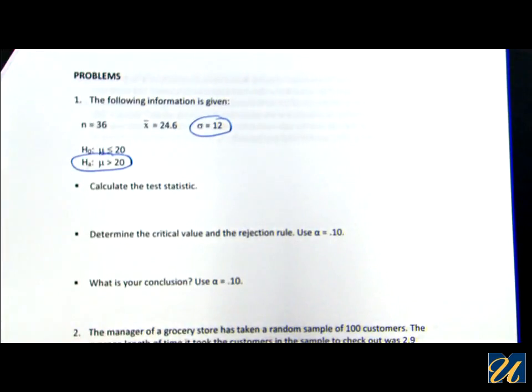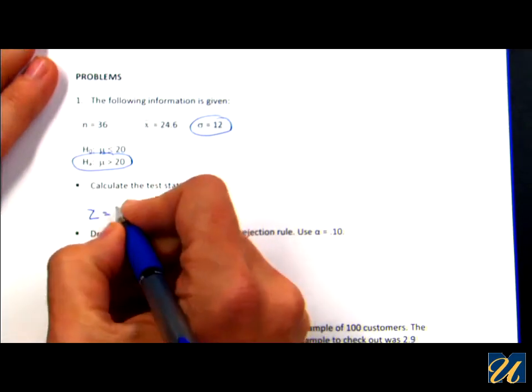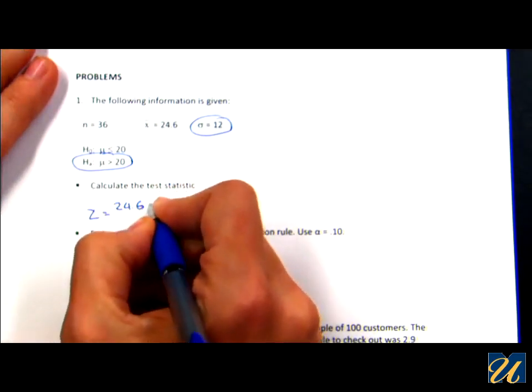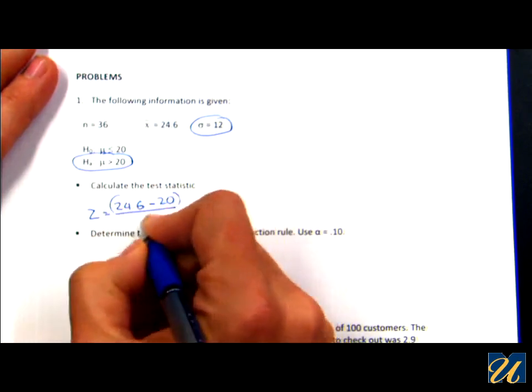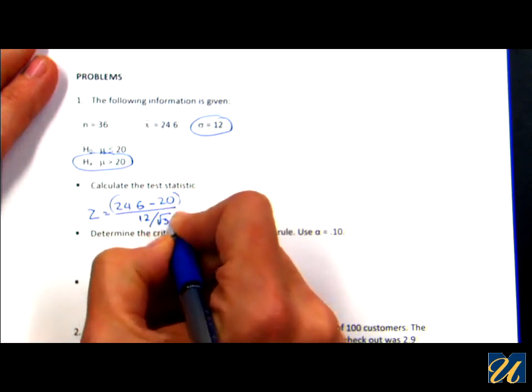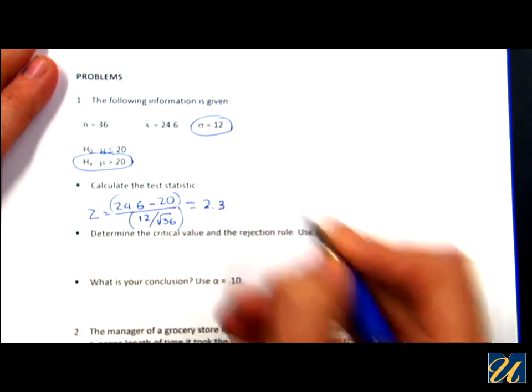That means you're going to have a one-tail, upper tail test. So the test statistic will be 24.6 minus 20 over 12 divided by square root of 36. This is going to be equal to 2.3.